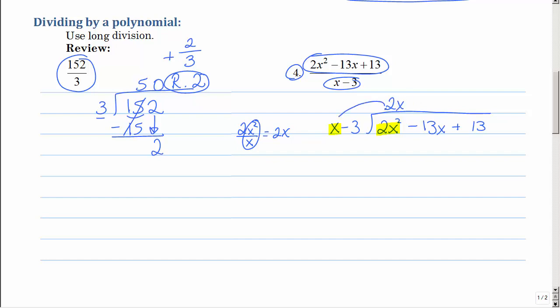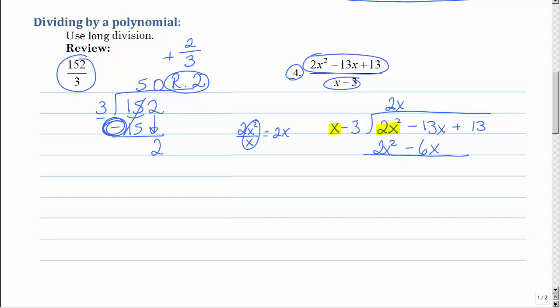Then we multiply 2x times x, 2x times negative 3. Now stop right there. Look and see what I did. I multiplied, and I wrote it right underneath the like terms. I'm going to get rid of those lines because that's going to get confusing here in a little bit. Okay, so I'm going to draw a line, and just like this, over here I had to subtract.